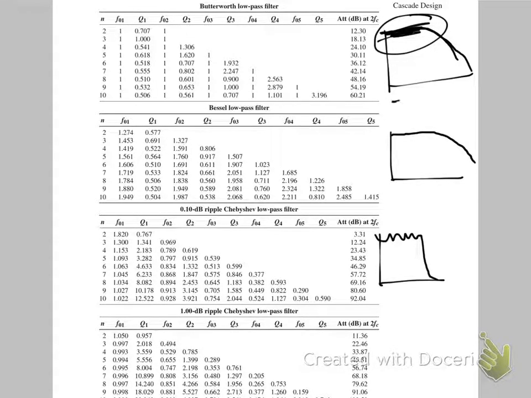So this is how your Butterworth looks. This is the Bessel, and this is the Chebychev. For your Cauer filter, you've got ripples in both your pass band and your stop band. Let me start by explaining what I mean by pass band and stop band.